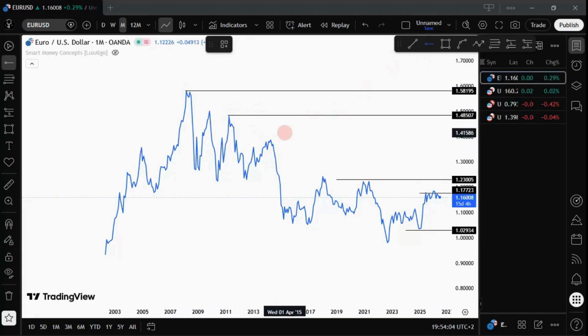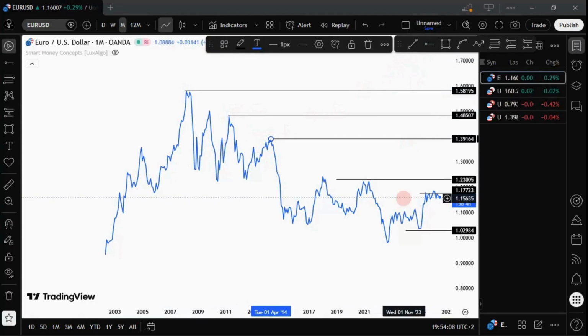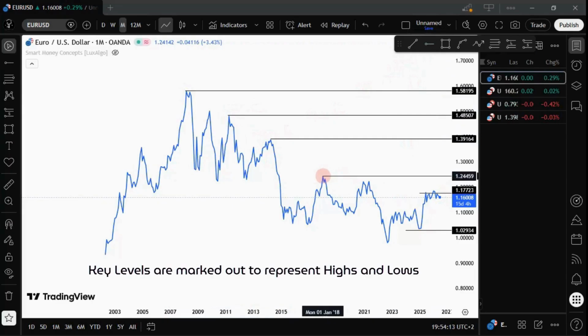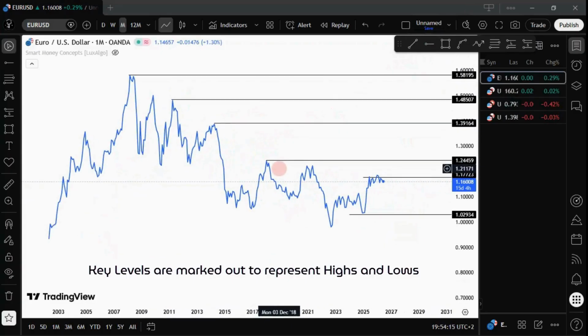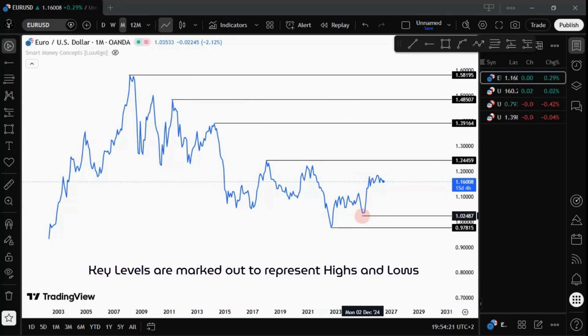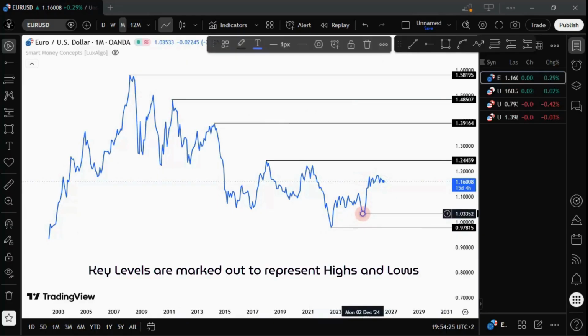So we just mark previous highs and lows. These are previous highs and lows that we are marking right now, and these key levels can also show us the direction, and this direction has been going in a down sloping momentum. We have lower highs, lower highs, lower highs, lower highs.